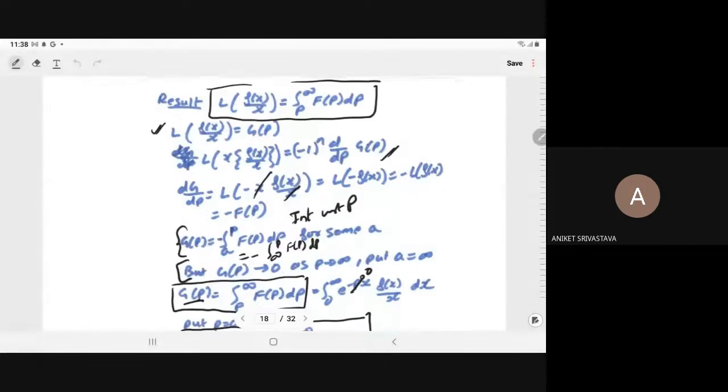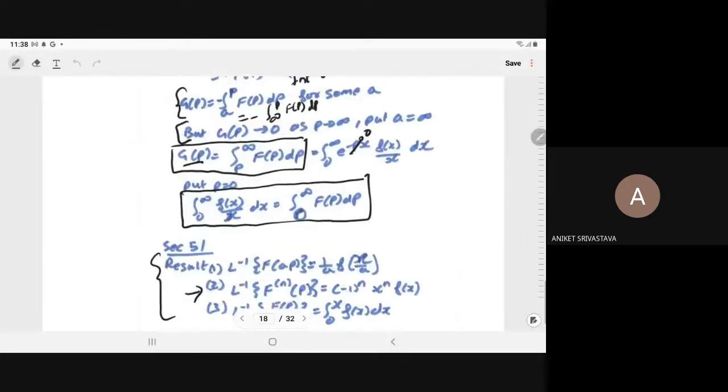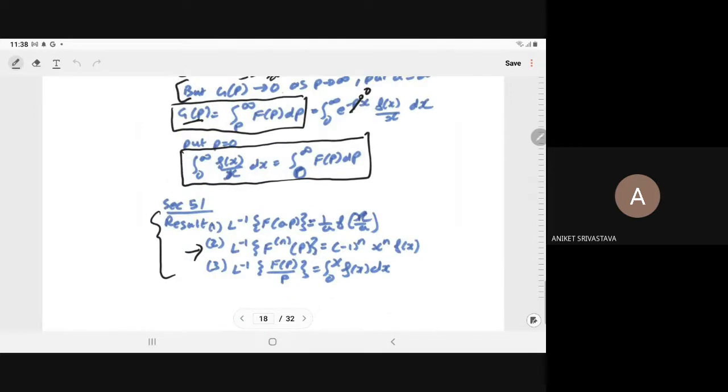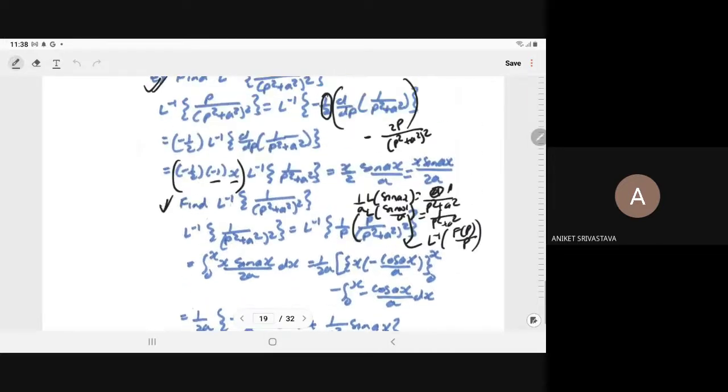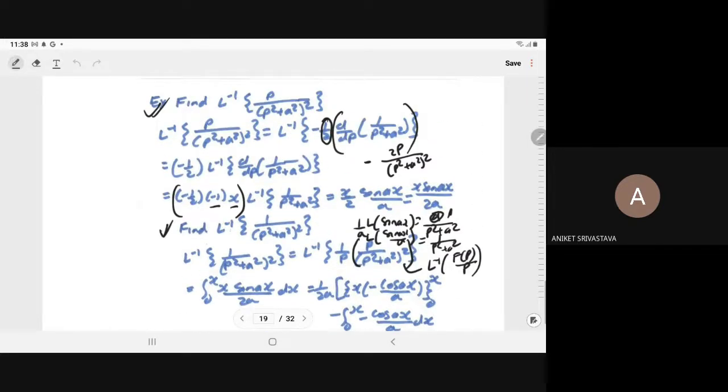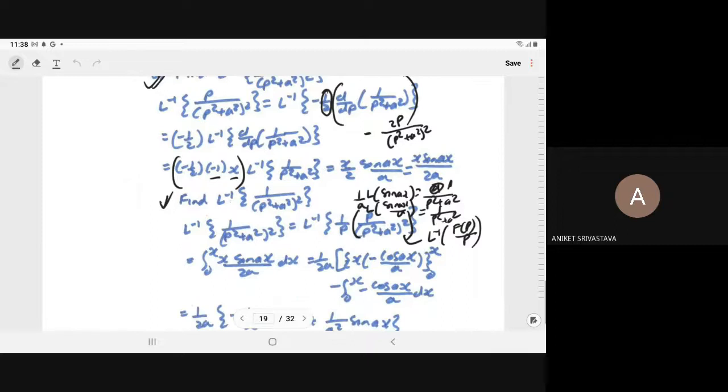So what is the formula here? L inverse of F(p) upon p is the integral 0 to x of f(x) dx. So here the f(x) from the previous question you have computed as x into sin ax upon 2a.